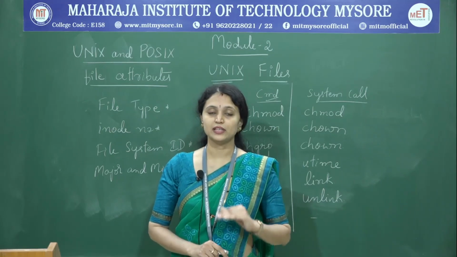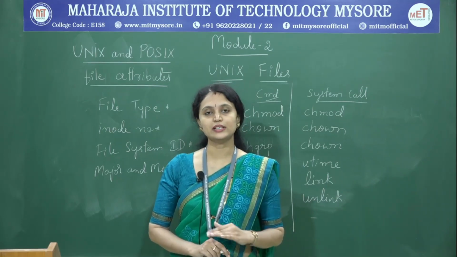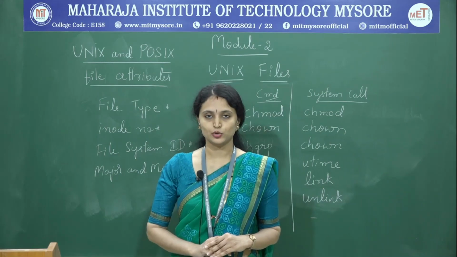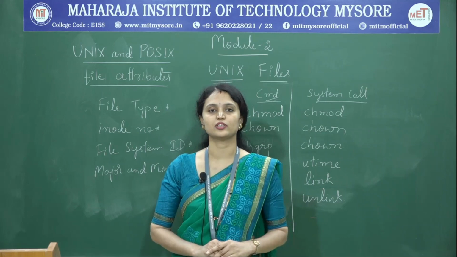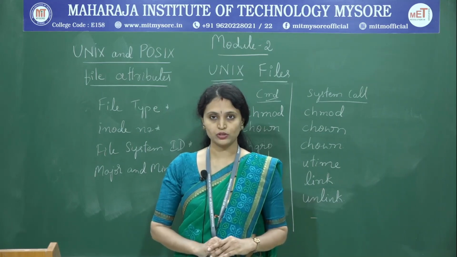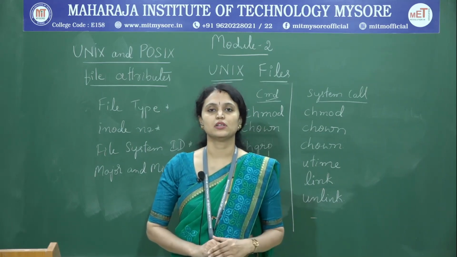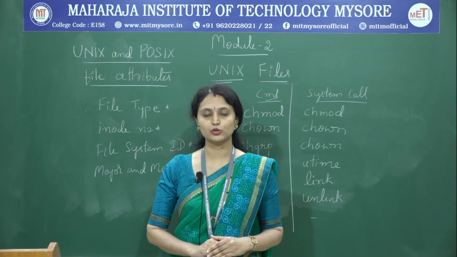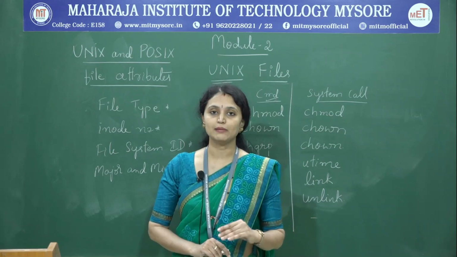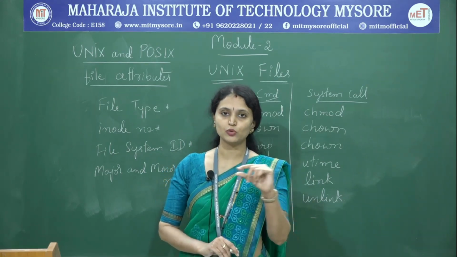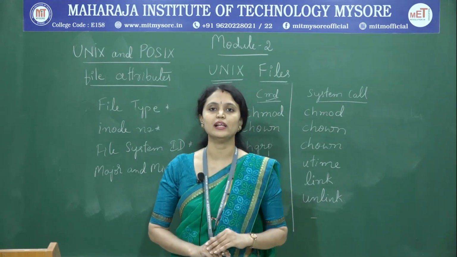And then we discussed the UNIX and POSIX file system. So here the file systems are arranged in the form of a tree hierarchical structure. So it contains a root node followed by the leaf nodes, and then we can refer to the files either by the absolute path name or the relative path name. Absolute path name means starting from the root directory we will be referring to a particular file.